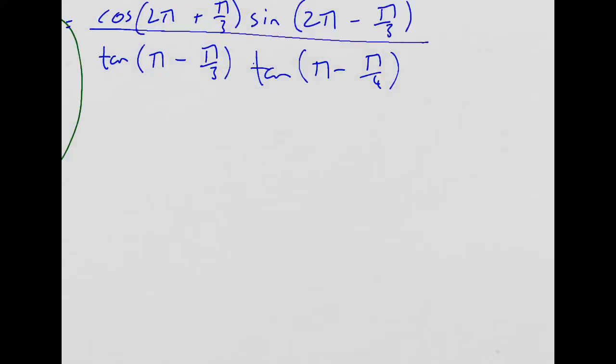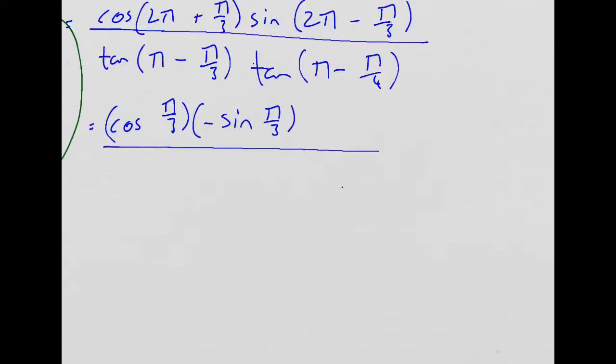Okay, so if we work from this step, you'll see that we've got cos 2 pi plus pi over 3. That's in quadrant 1, where cos is positive. So it's cos pi over 3. Let's bracket that. Then we have sine 2 pi, which is the same as 360, minus pi over 3, which means it's negative, because sine is negative in quadrant 4.